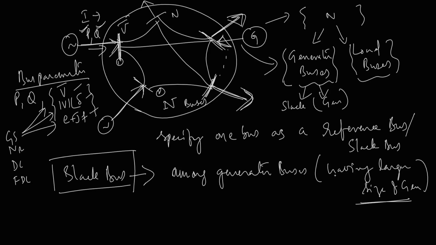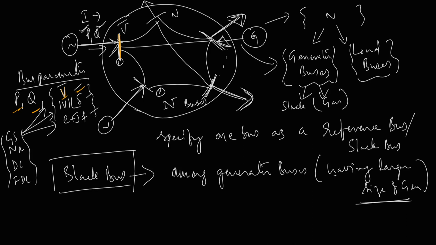You will come to know this when we actually take up these load flow methods. What I want to say is each bus is associated with these parameters, that is active power, reactive power, voltage magnitude and voltage angle.